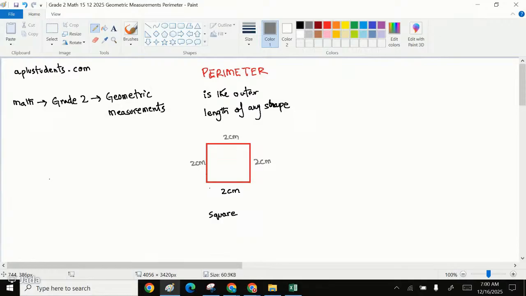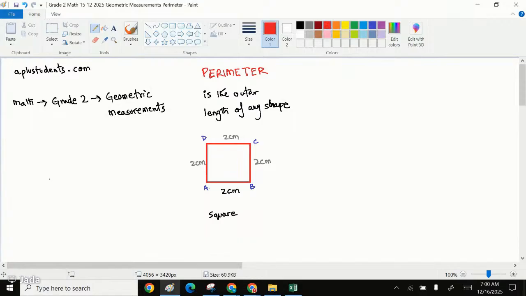The easiest way to solve any question related to perimeter is you label the diagram. If it has 4 points, you start from anywhere and you say this point is A, this is point B, this is C, and this is point number D. There are 4 points, 4 corners of the shape, right?